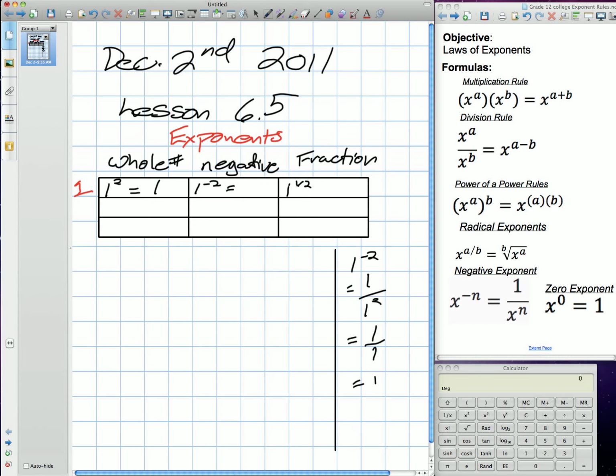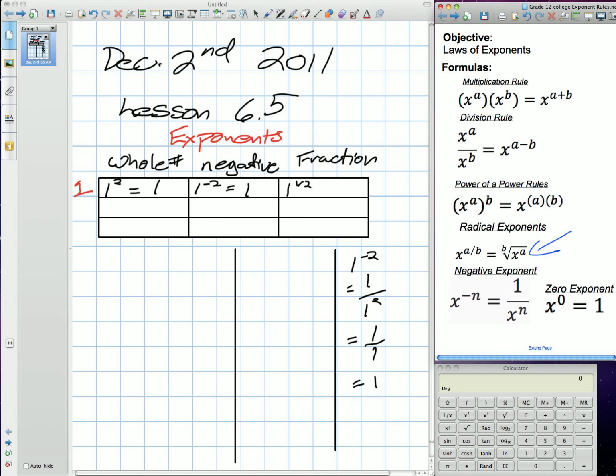And finally, 1 to the power of a half. Okay? I'm going to show you that calculation. And this is where we're talking about our radical exponent here. Okay? So, if you guys look, we have our numerator, which is a, and our denominator b. And this is how it's going to affect it.